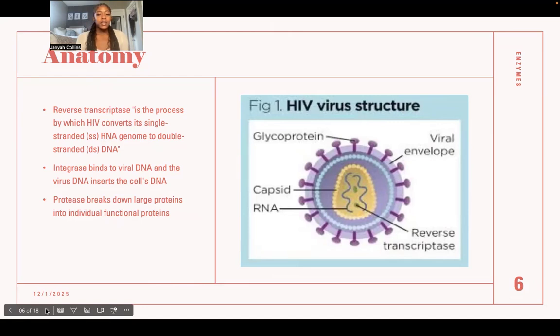It also creates a complementary DNA strand after another DNA strand is created, which forms a DNA double helix. Our integrase enzyme binds to viral DNA, and the viral DNA inserts into the cell's DNA. And lastly, we have our protease enzymes, which break down large proteins into individual functional proteins, such as amino acids or peptides.